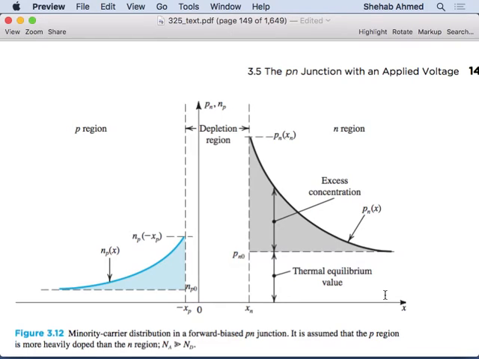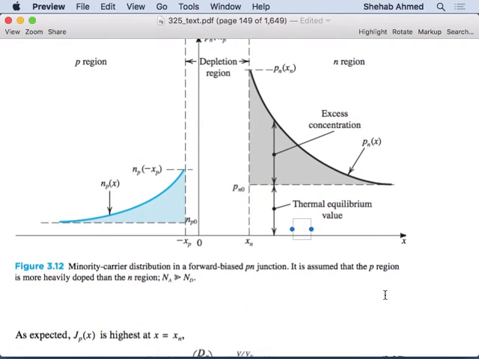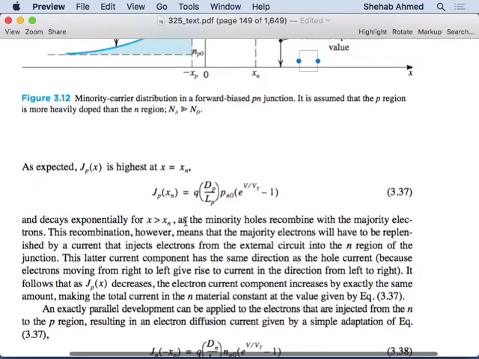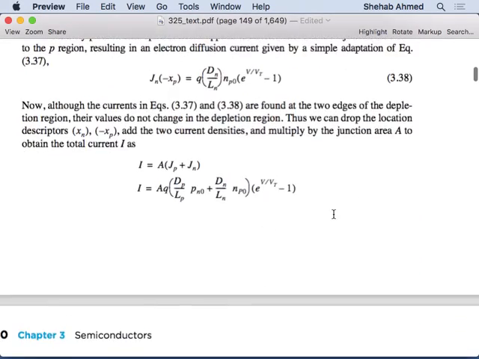So the equation for current density that they derive has this exponential that is dependent on Vt, right? This Vt depends on temperature as well and the material. So again, I will skip this stuff.